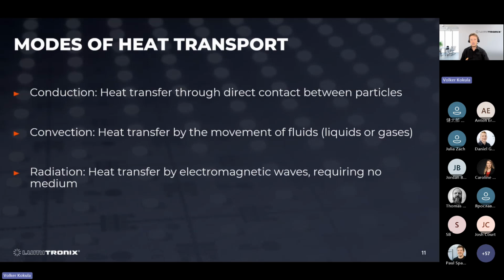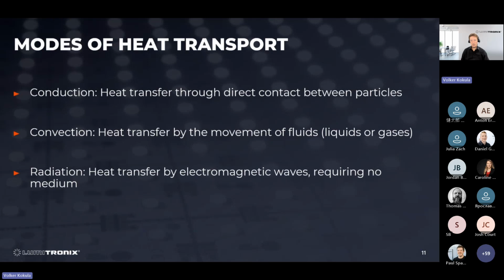Here, the heat is not transported from one particle to another particle, but the particle containing the heat energy itself is moved away, moved through fluids or through gases. And the last mode of heat transport is radiation. In radiation, you don't need a medium, but the heat energy is radiated away through electromagnetic waves.